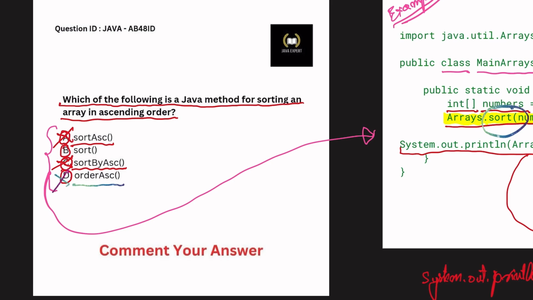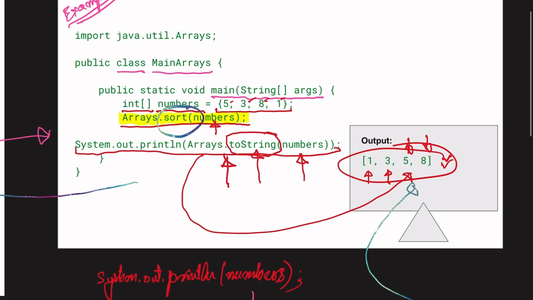Now one option is remaining, option B. Let me check option B. In option B, we have the sort method, and we have clearly seen here the sort method to sort the arrays. So we can say option B, sort method, is correct, and it is a real method of the java.util.Arrays package.